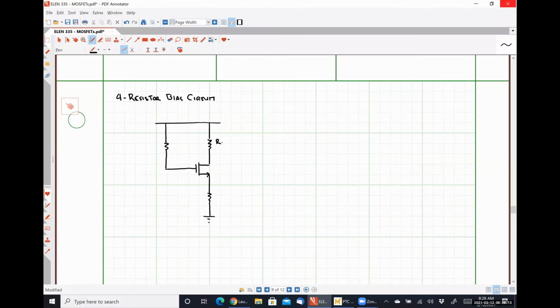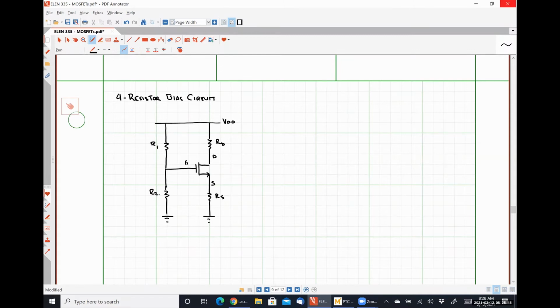So we have some resistance RD between the drain and the power supply voltage. We have some resistance RS between the source and the ground, gate, drain, source. And this is going to be resistor R1. Let's put another guy down here as a resistor R2. Okay. So this is our 4 resistor bias circuit.